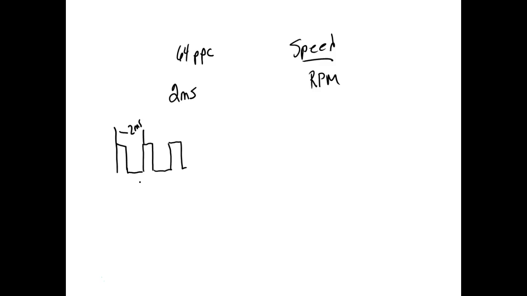We have 2 milliseconds per pulse and 64 pulses per revolution. We could do this several ways, but I'll show you both ways. I would take 2 milliseconds and multiply it by the number of pulses, and this would give me the time per revolution.